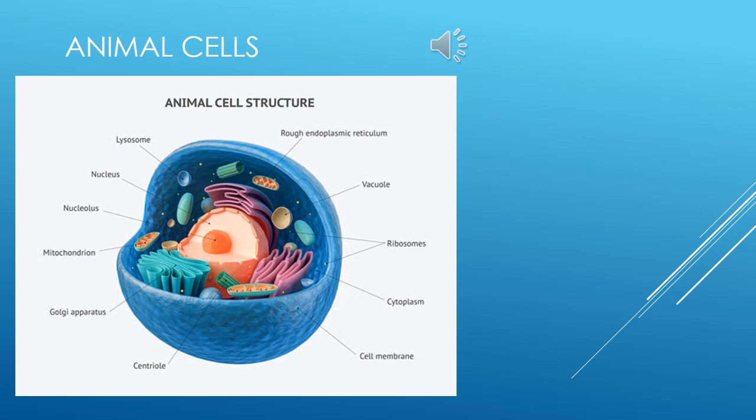And in the animal cell here, you have to know this is a generalized animal cell, and each type of cell has adaptations for its role, but there are certain structures you'll find in each one, and the ones we will be talking about later on in this presentation are the cell membrane, the nucleus, the mitochondria, and the cytoplasm.